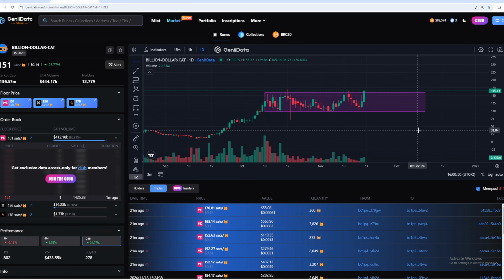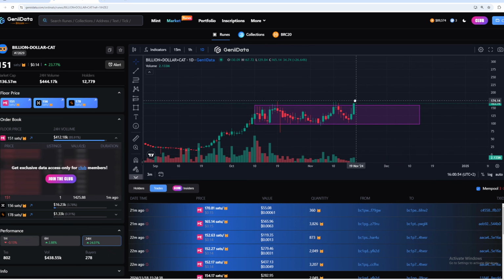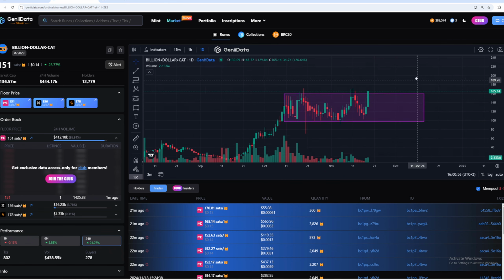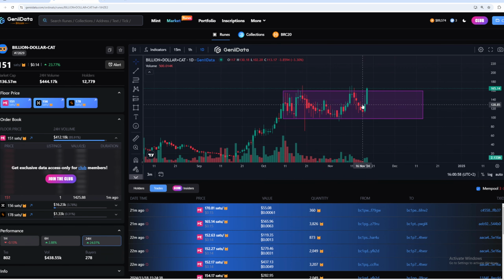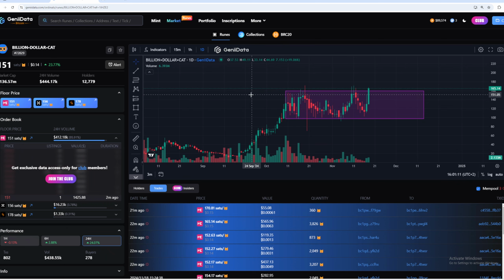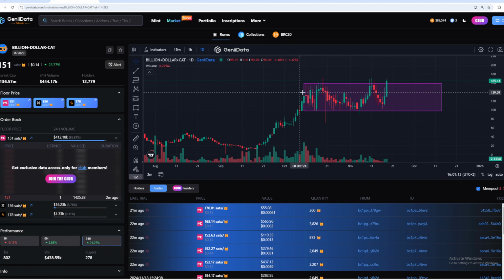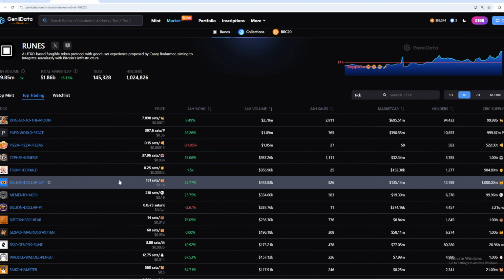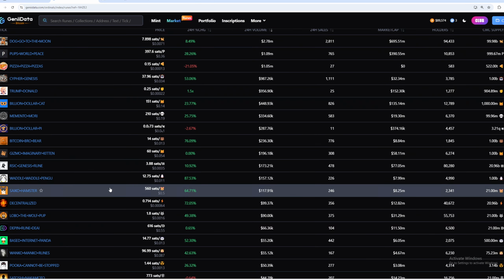Maybe the environment changes or Bitcoin dumps, there are all kinds of reasons. But if the conditions are stable, I can guarantee you that this will be a very nice and clean breakout. And you could see this across many patterns. It doesn't matter if it's an NFT collection, if it's runes or some other small tokens. Whenever you have participants without a lot of experience, you could see these patterns work very well.